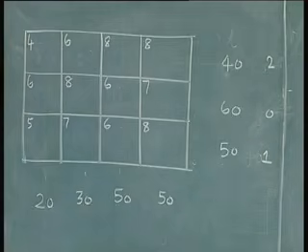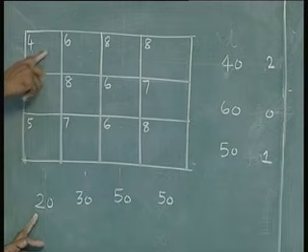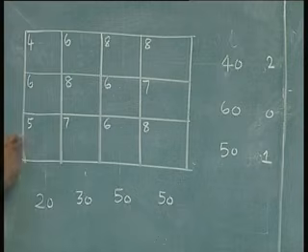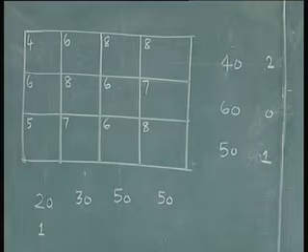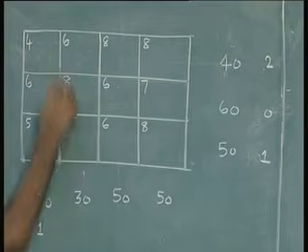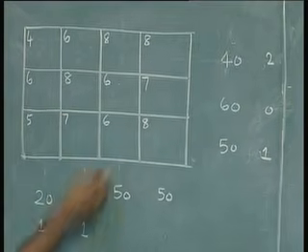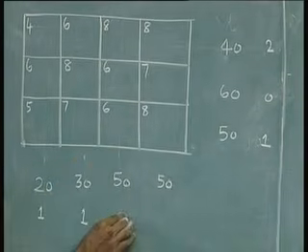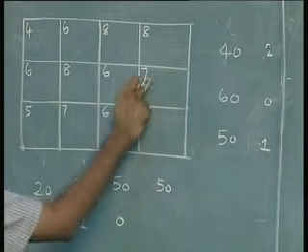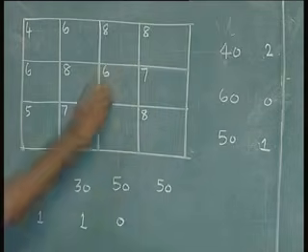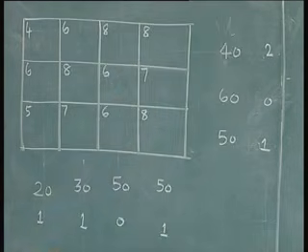As far as this column is concerned, I would ideally like to get everything from this because of this 4, but if I do not, then I will incur a minimum penalty of 5 minus 4, 1 at least for every unit. Similarly, here the penalty is 7 minus 6, which is 1, 6 minus 6, 0 in this case, and 8 minus 7 is 1.